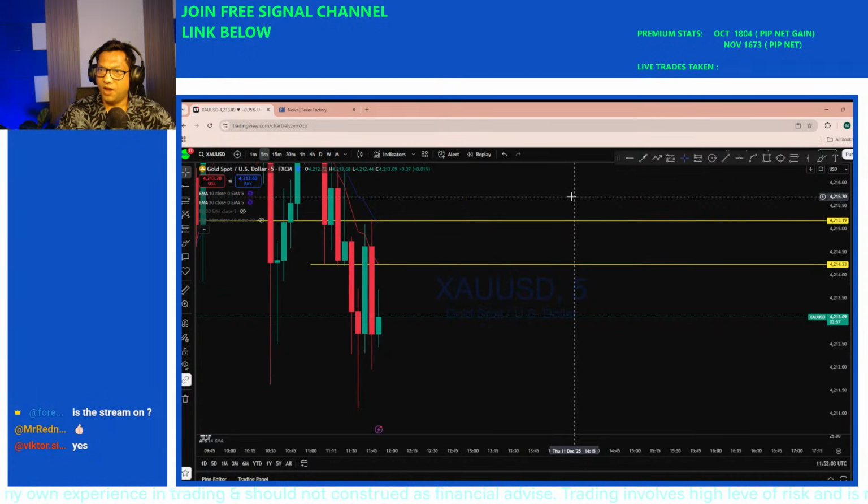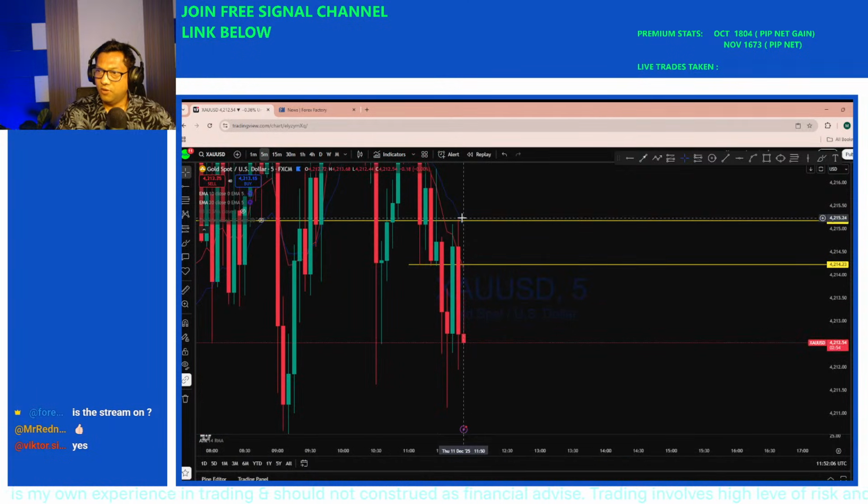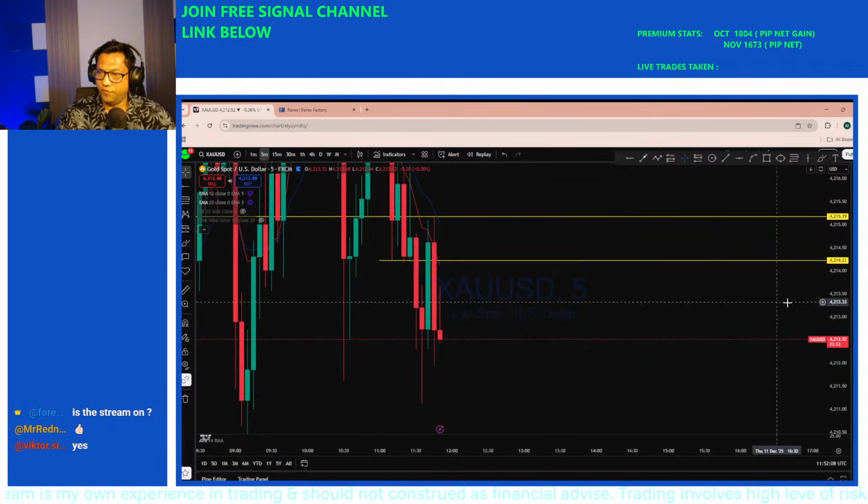So there is a 5 minute candlestick pattern close. It's a full body candle close, a bearish engulfer on this lower time frame.